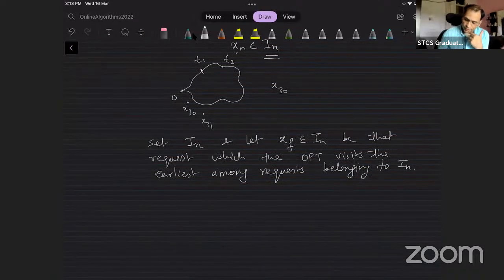Is this definition clear of XF? So we have some set, let's say X30, X45, whatever. Among these, let's say X31 is the location which OPT visits before visiting X30 and X45, and of course XN. So these guys are all in IN.